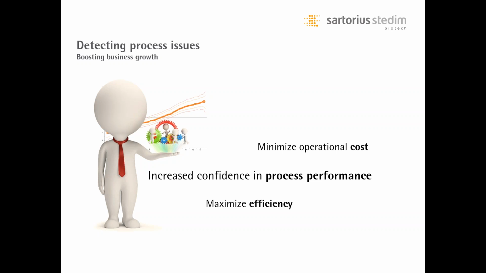It could be that we want to minimize operational costs. It could be that we want to increase confidence in process performance and thereby increase confidence in product quality. It could be that we are looking to maximize efficiency throughout operations, but also in the way that we monitor our processes.